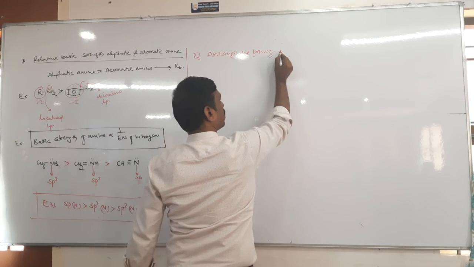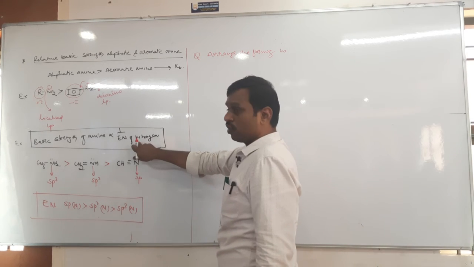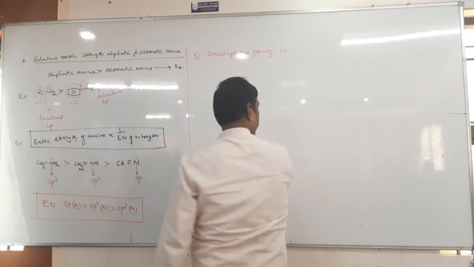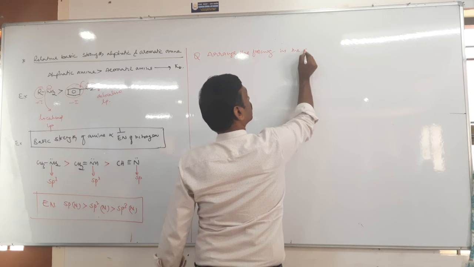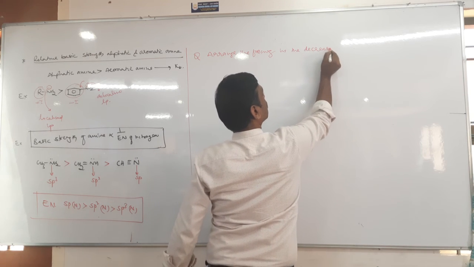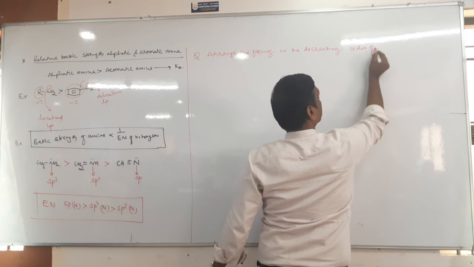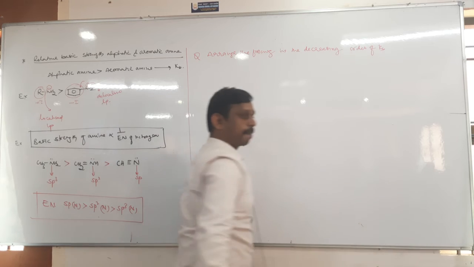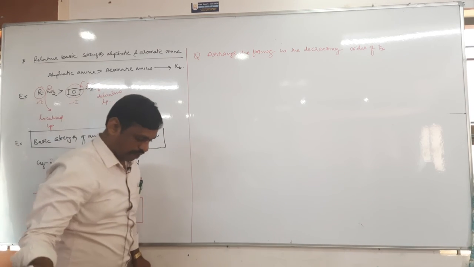Arrange the following. Basic strength is inversely proportional to electronegativity. Arrange the following in the decreasing order of Kb. Kb is nothing but basic strength. Okay.